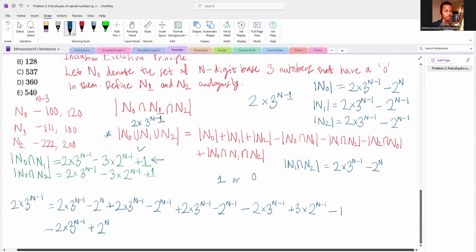And then this other one, so minus 2 times 3 to the power of n minus 1 plus 3 times 2 to the power of n minus 1 minus 1, and then plus the term we're looking for at the moment.